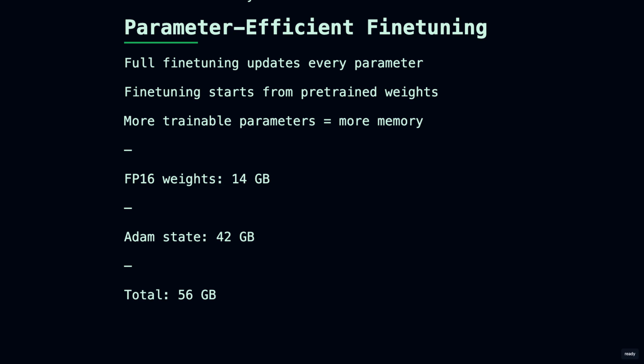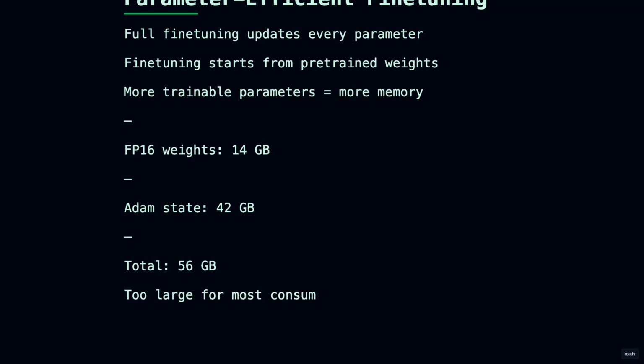That number is enough to show why full fine-tuning is often out of reach for a single consumer GPU. Most consumer GPUs have far less memory than that, and we still haven't counted activations. So even before we talk about data, full fine-tuning can simply be too expensive to run.